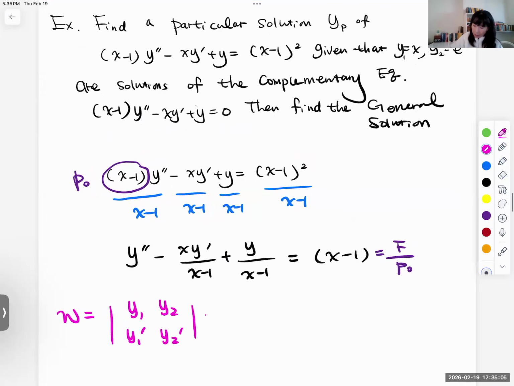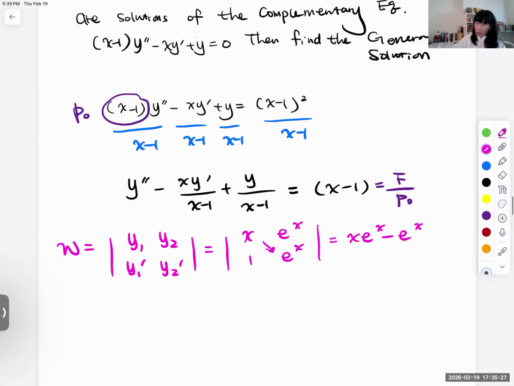So x and e to the x. So y sub 1 prime, which is 1, y sub 2 prime, which is e to the x power. We multiply, so we get x e to the x power minus e to the x.